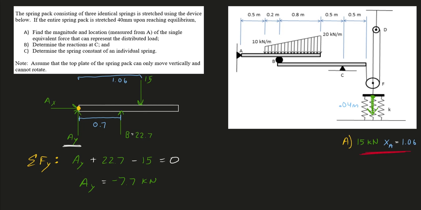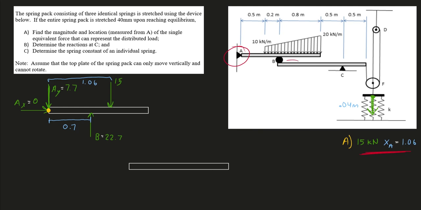This is a pin support. It can put its forces in whatever direction necessary to hold this thing steady. I'm just going to redraw my picture real quick. And it looks like AX has really nothing to balance it in the x direction. There's no other forces in the x here. Therefore, it must equal 0. Alright, and we've done everything we can with this system.